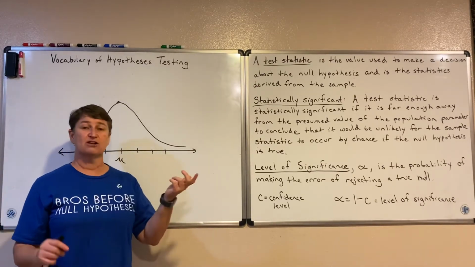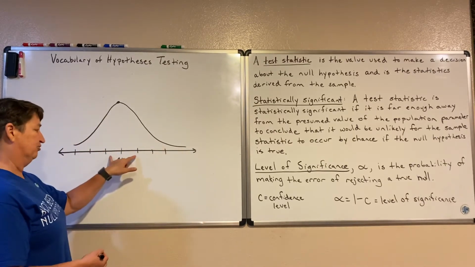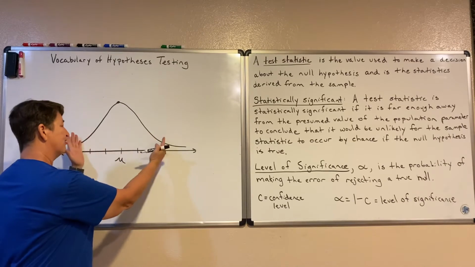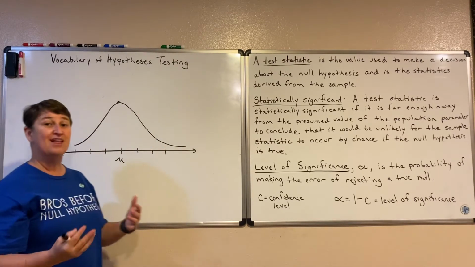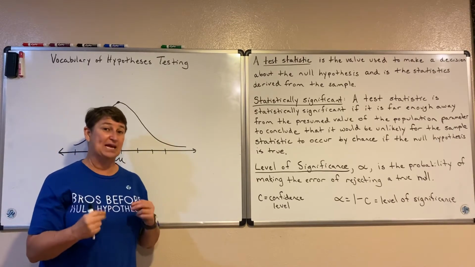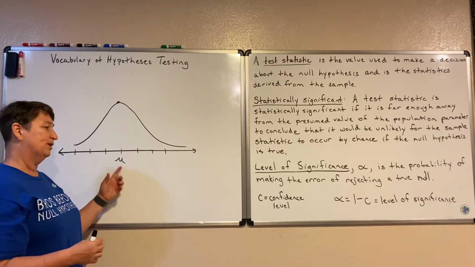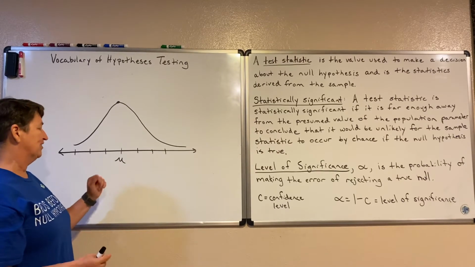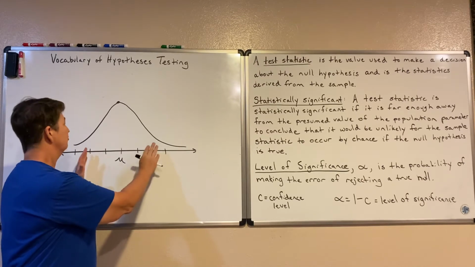And we can adjust our confidence level. So maybe I'm only looking at the 68%. Well, then if it's further out than that, I say, well, that is statistically significant for me. That's enough evidence for me to reject the null. We'll talk about that a little bit later. 95% is usually what we use.